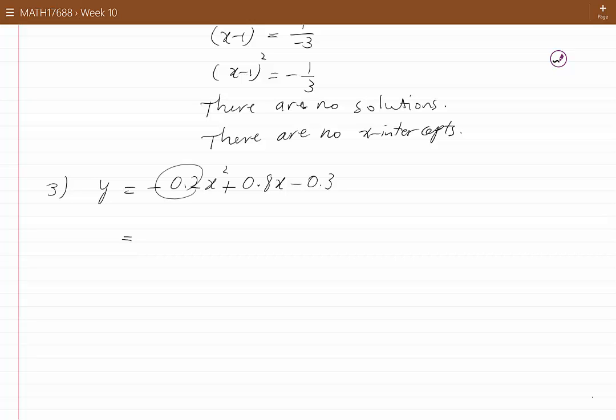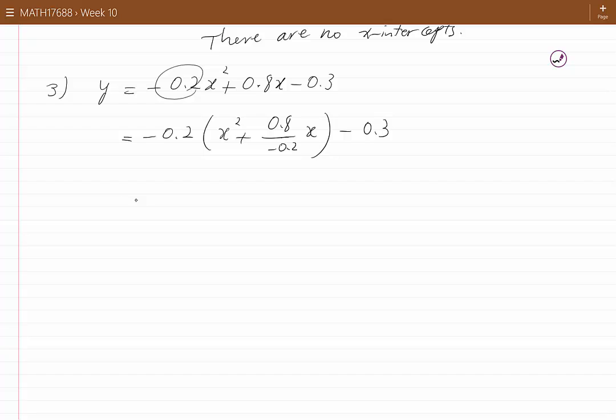I would have minus 0.2 times (x squared plus 0.8 over minus 0.2 x) and minus 0.3 outside the bracket. We can simplify this further by realizing that 0.8 divided by minus 0.2 is minus 4 times x and minus 0.3 outside the bracket.